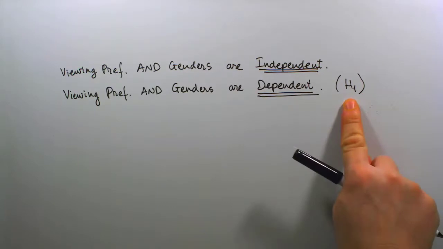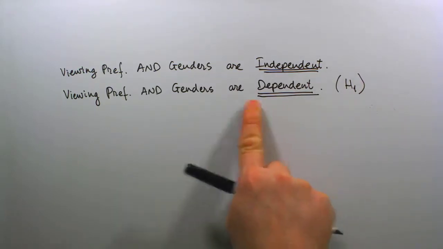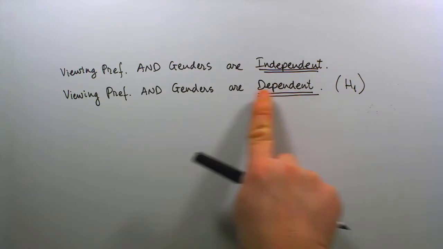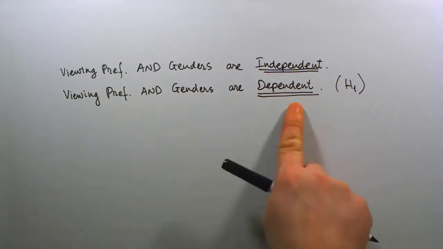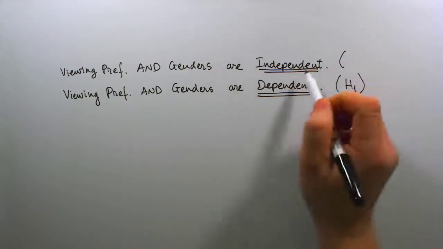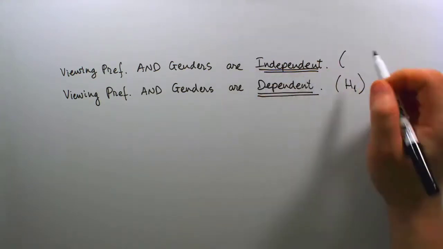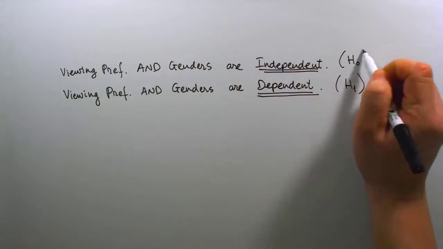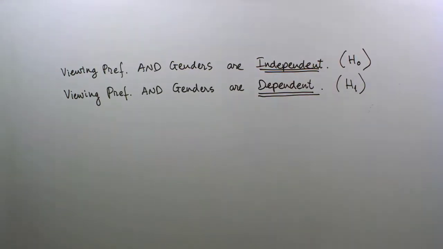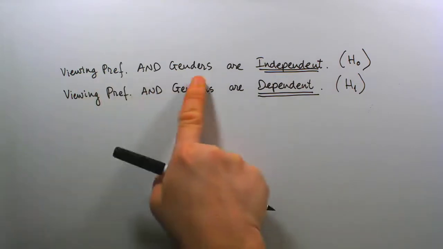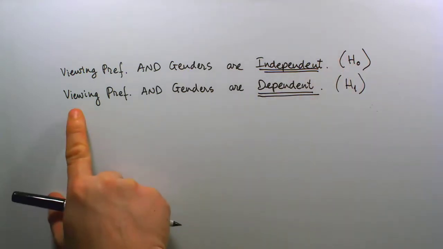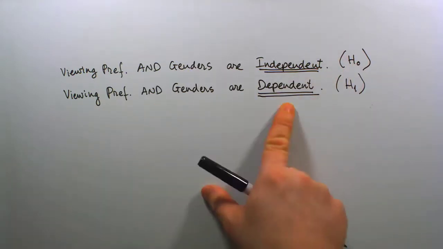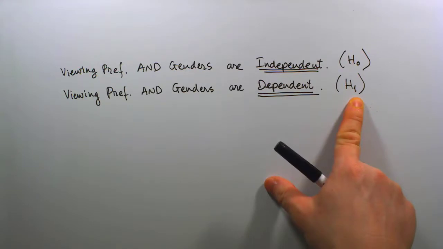The one that says the opposite way we regard as H sub 0. So viewing preference and genders are independent. That's our null hypothesis. Whereas viewing preference and genders are dependent is the counter argument, our alternative hypothesis here.